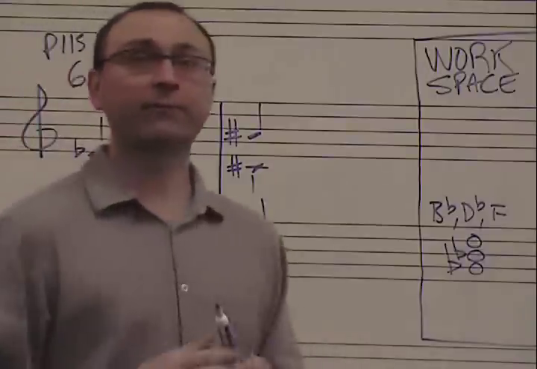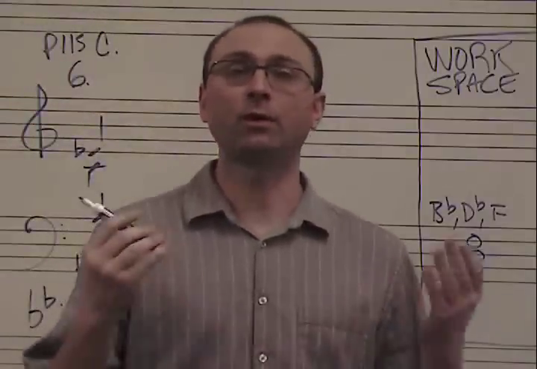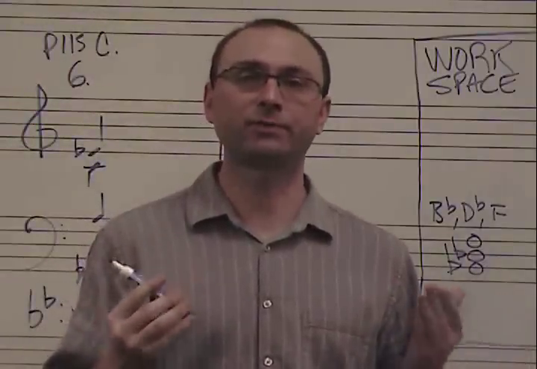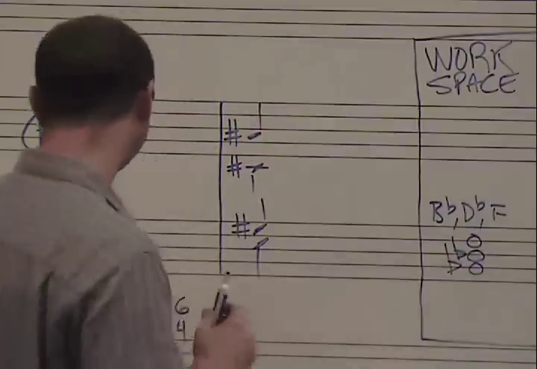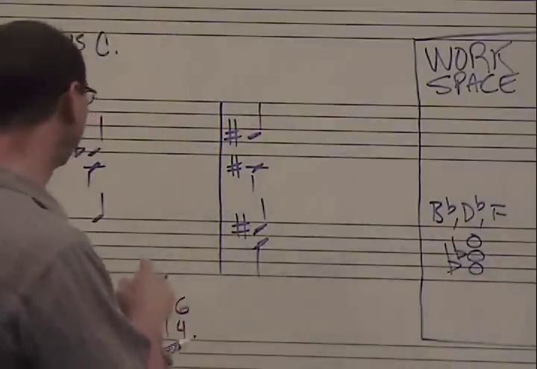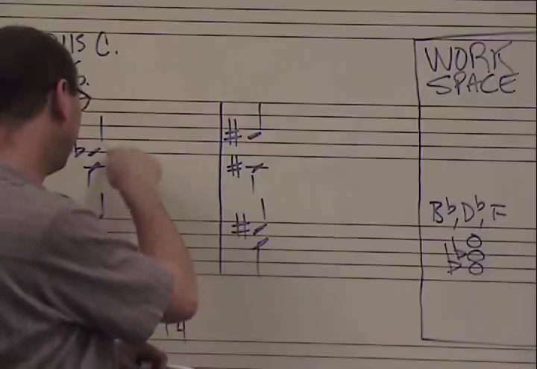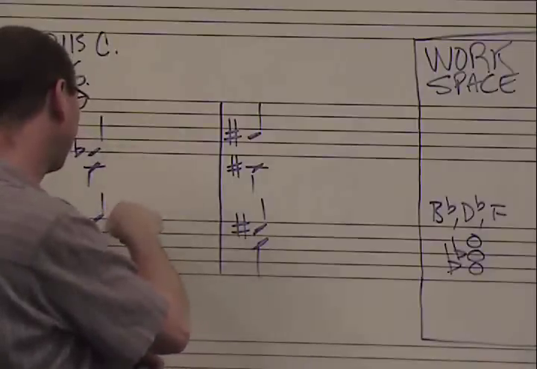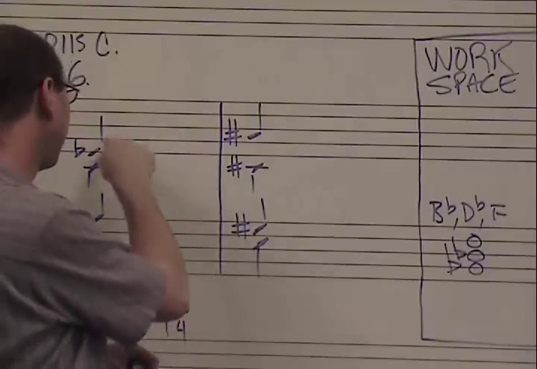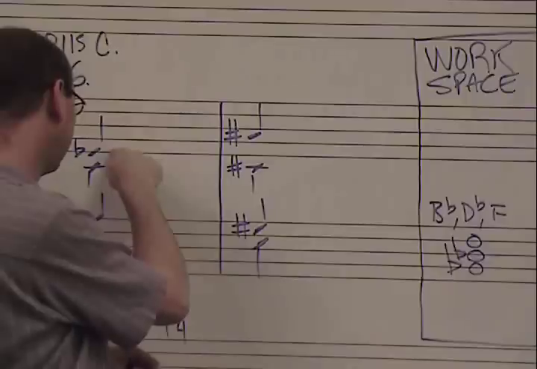Next we want to identify tritones, augmented fourths, or diminished fifths. There's a diminished fifth found here between A and E flat.